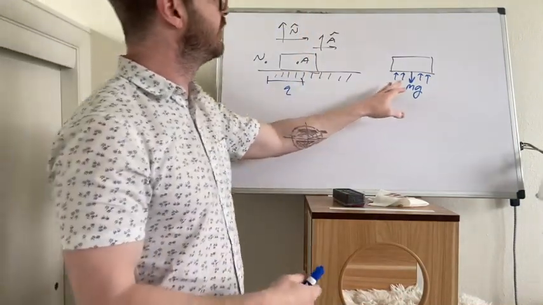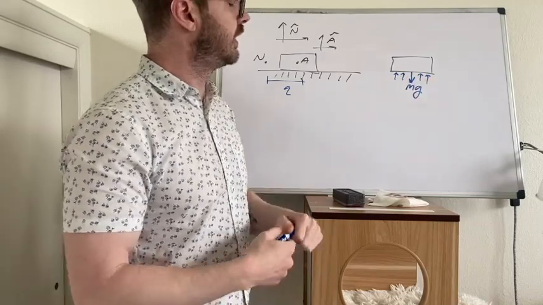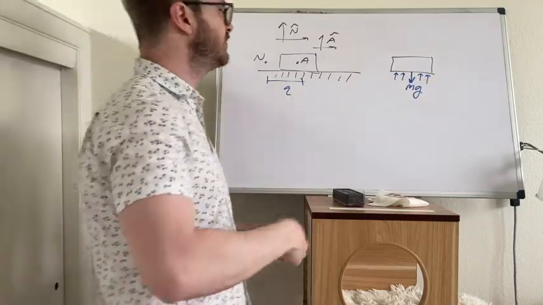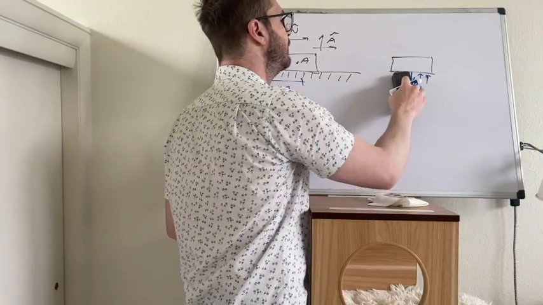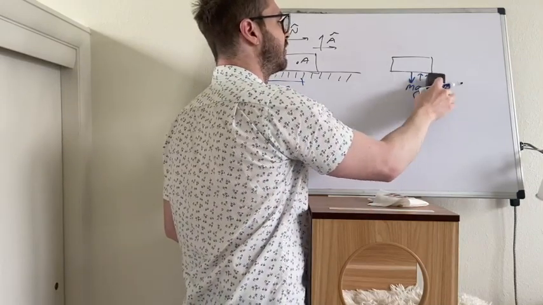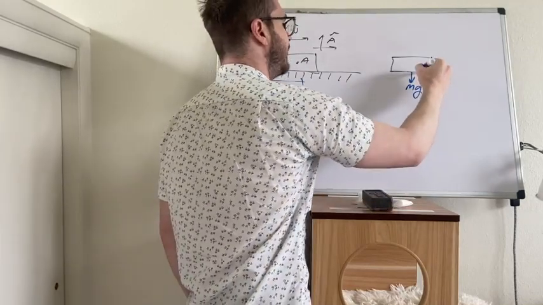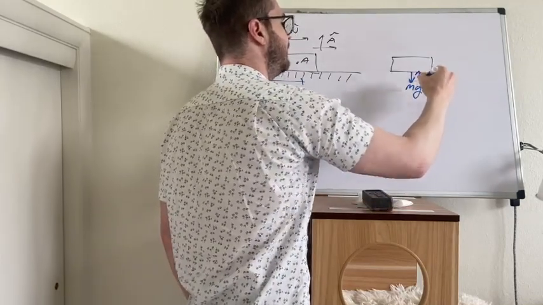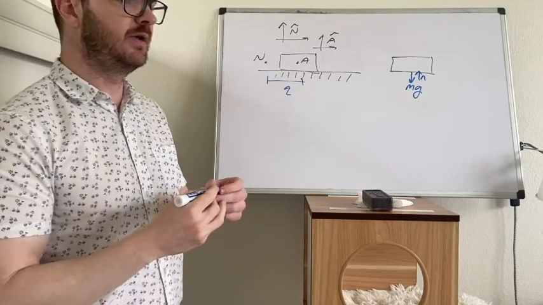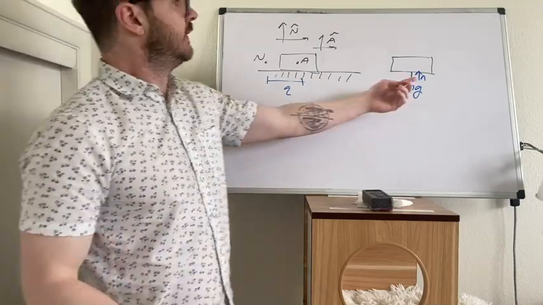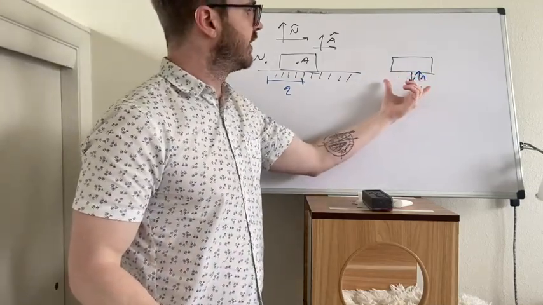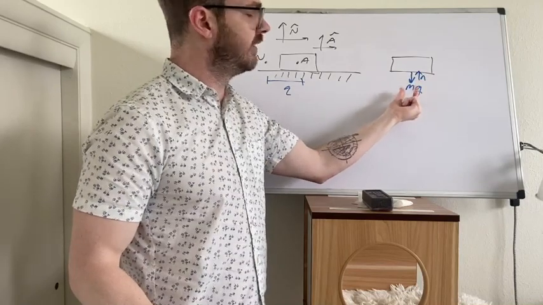What we usually do, though, is we're not so concerned about the distribution of pressure on the bottom. What we'll do is take that distribution of pressure, simplify it, and represent it with a normal force. We take all of that distribution of pressure and press it down together into a single location.